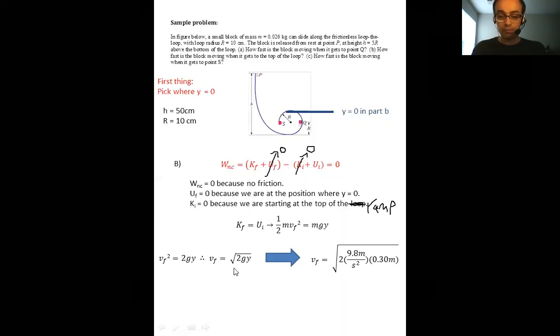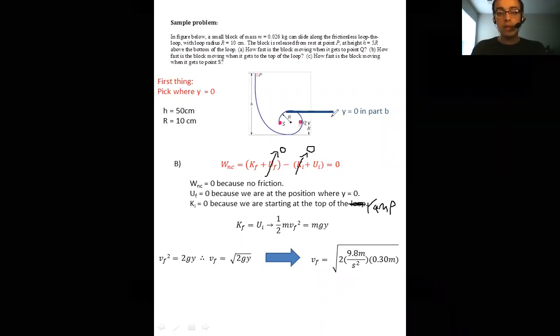In this case, y is going to be equal to 30 centimeters, because we know that this height is 2r. So this is an r here, and there's another r here to the top of the loop. So this is 2r, and that's equal to 20 centimeters. We know that this height h is equal to 50 centimeters.